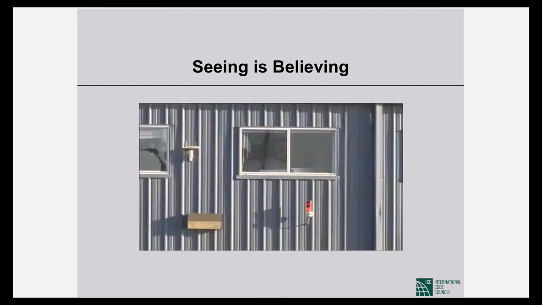ACI 318 left it to the designer and still leaves it to the designer. I absolutely want to emphasize that. ACI 318 does not tell the designer what stiffness assumptions to make.